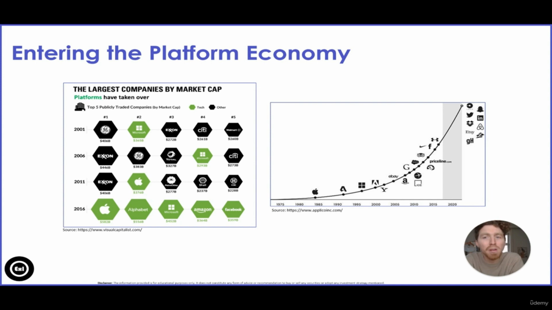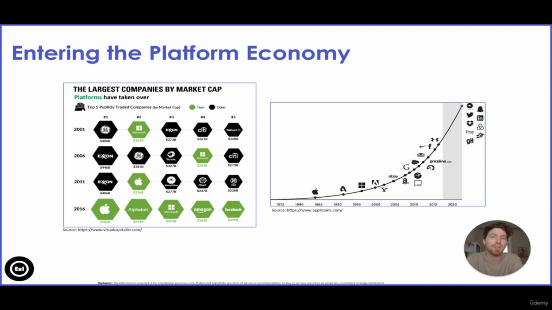Apple, Google, Microsoft, Amazon, Facebook. They are all within the platform business and have taken over these industrialized and capital intensive companies we saw 20 years ago.